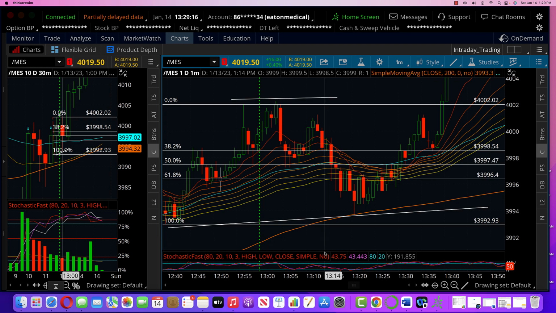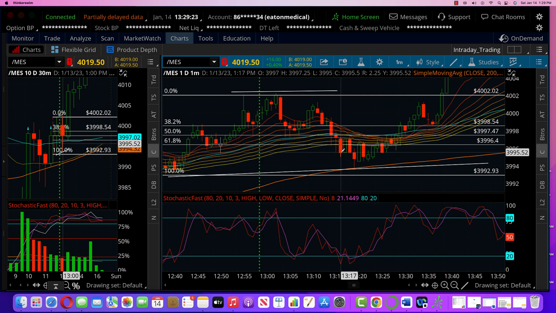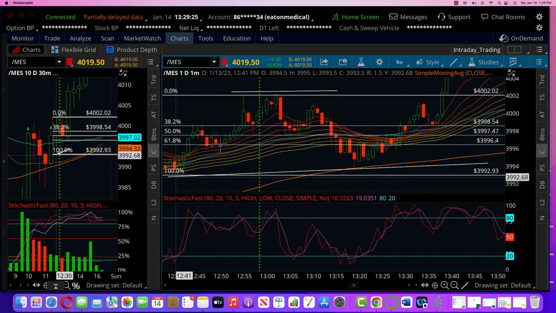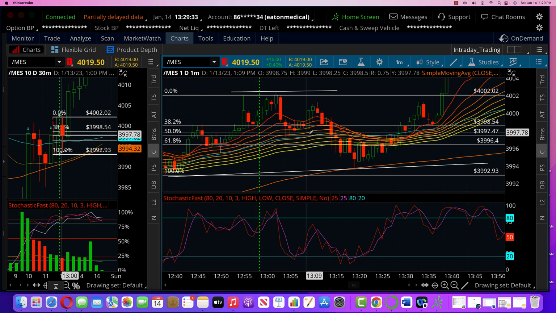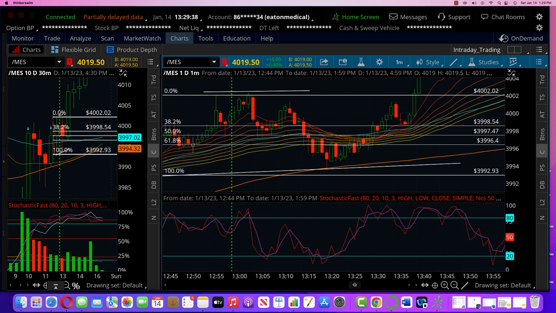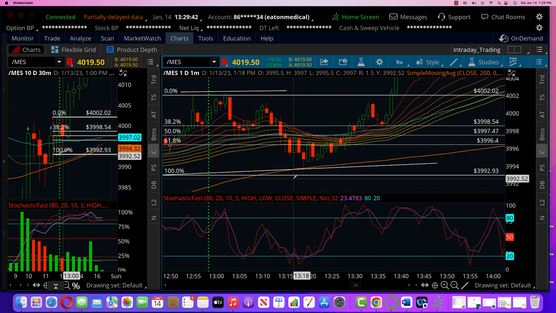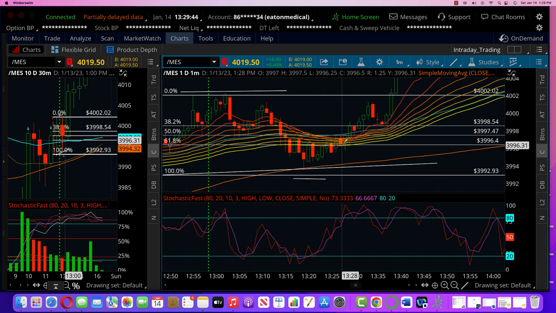Stochastic oversold. See that? So you're getting in here. Stop loss is below the half-hour candle that was most recently formed. And when the market moves back up, you're moving your stop to the overbought candle.